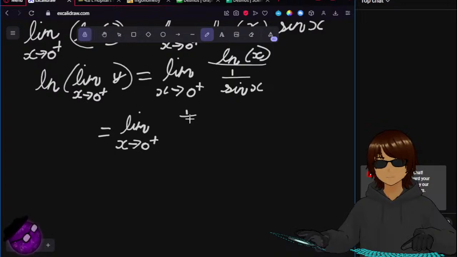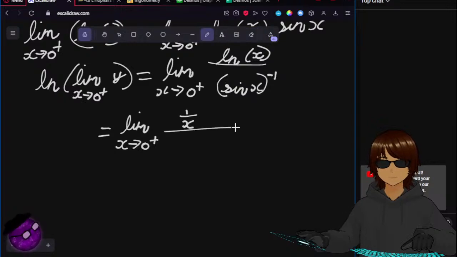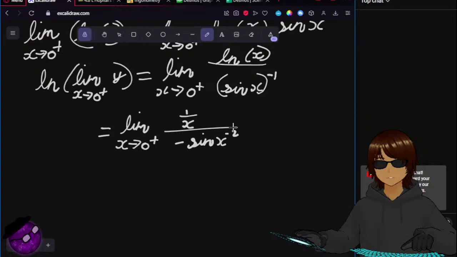The derivative of ln of x is 1 over x. I think it's better if I write it like this. And then the derivative of the outside, sine x to the power of minus 1, is minus sine x to the power of minus 2 times the derivative of the inside. The derivative of sine x is cos x.